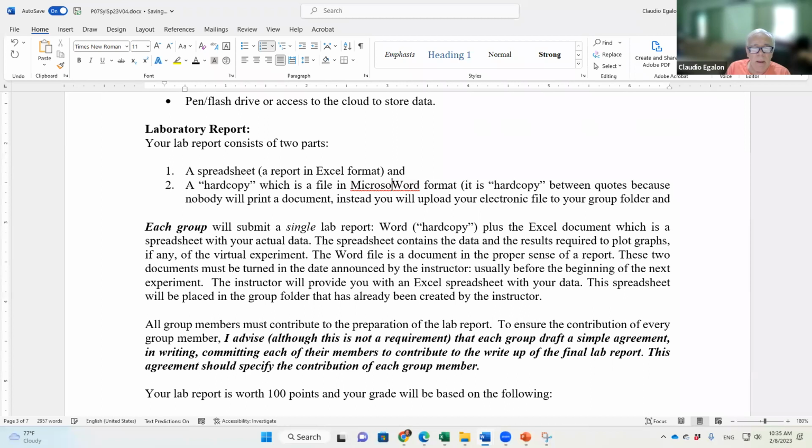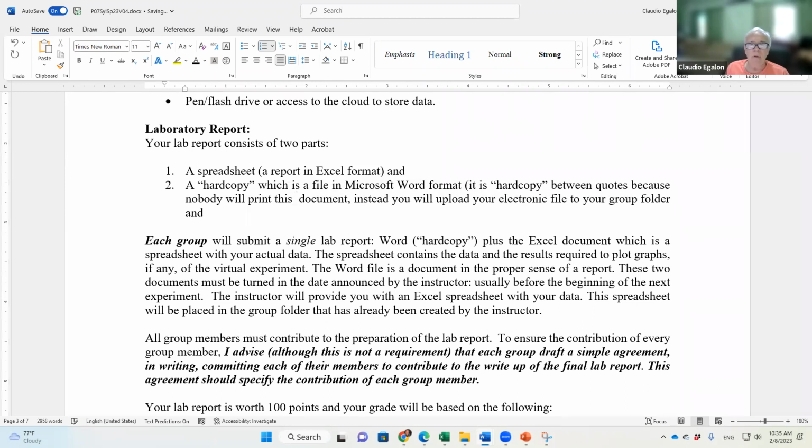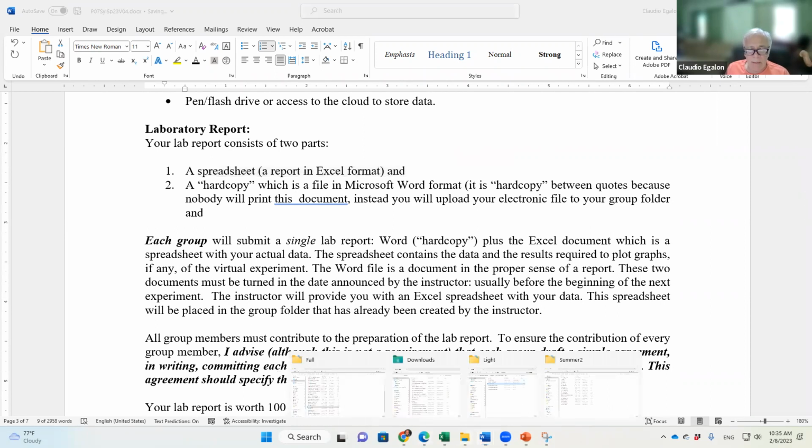I call it a hard copy between quotes because nobody will print this document. Instead, you upload your electronic file to your group folder. Let me give you an example of the spreadsheet in case you're not familiar with that.